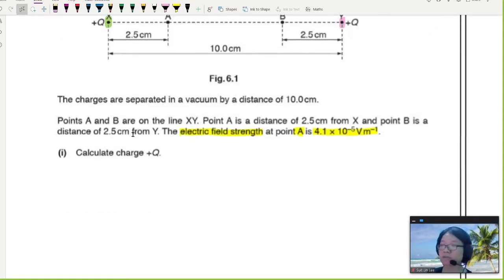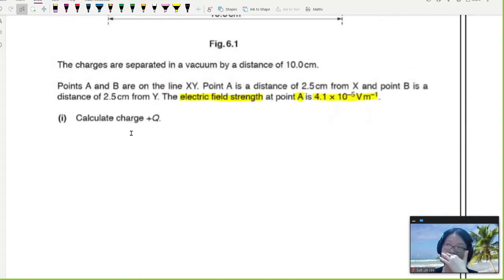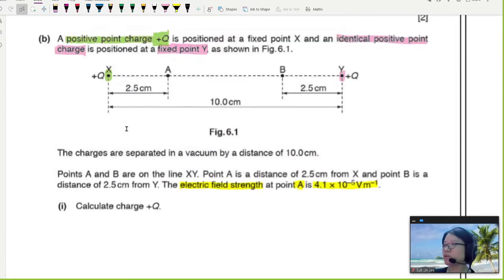To find the value of positive Q, we have to do a bit of vectoring, so let's consider the direction of the electric field. For a positive charge, the electric field will point outwards.